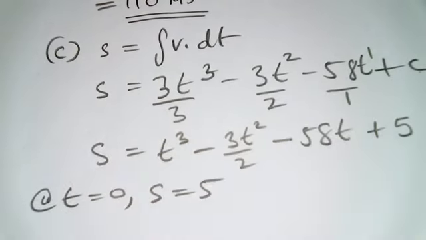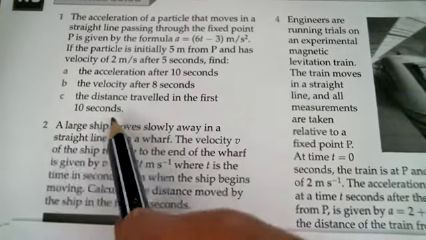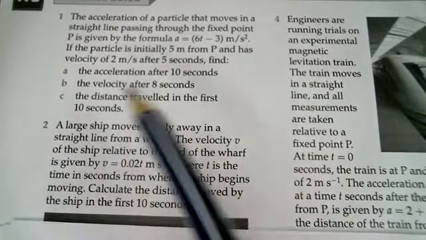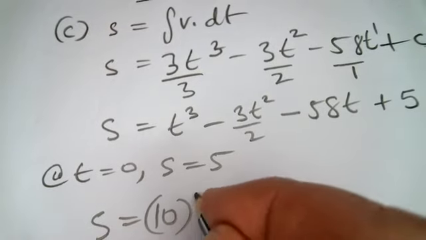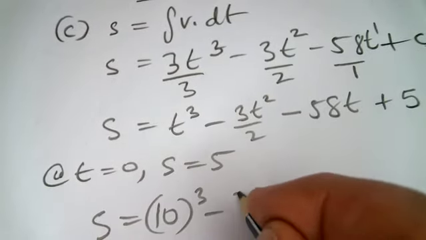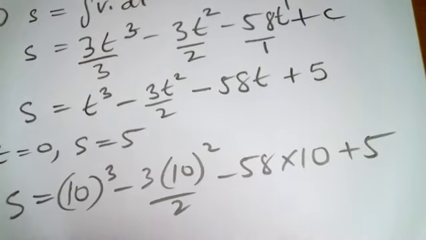And the question asks, what's the distance traveled? Distance traveled in the first 10 seconds. So let's have a shot at that. You've got the equation, so S is equal to t cubed, which is 10 cubed, minus 3 times 10 squared over 2, minus 58 times 10 plus 5.